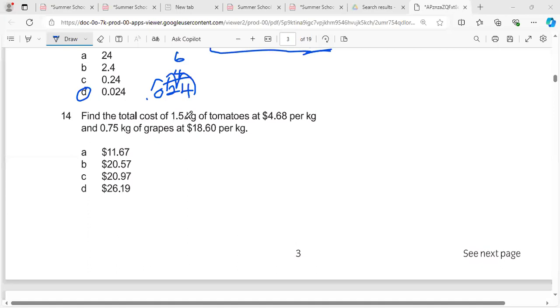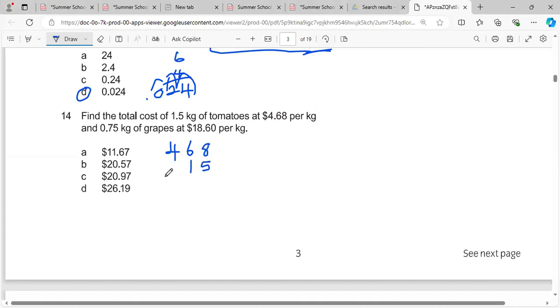Let's say find the total cost of 1.5 kilograms of tomatoes at $4.68 per kilogram. So it means that we're going to be paying $4.68 per kilogram. But if you notice, it's 1.5 kilograms. So what we can do, ignore the decimal point and we just multiply it, right? We multiply it by the unit cost.